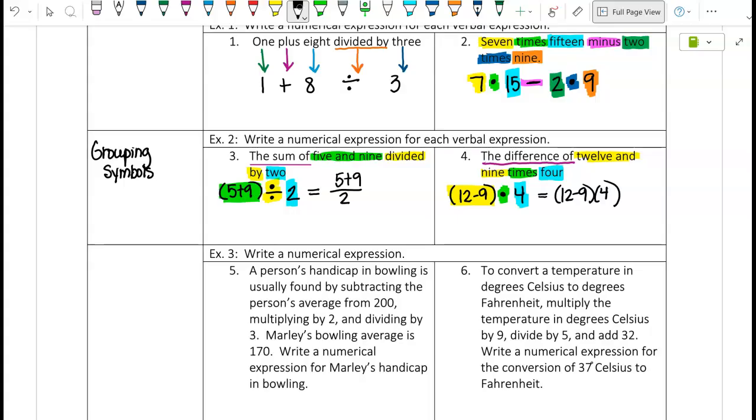If there is no operation symbol between the parentheses, that is telling us that we should be multiplying. So again, it's just a way of understanding what we are being asked to do, being able to translate and understand those words versus what the math looks like.